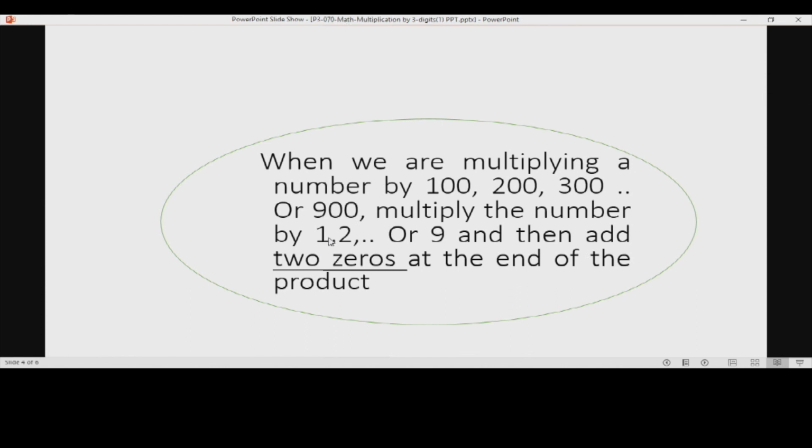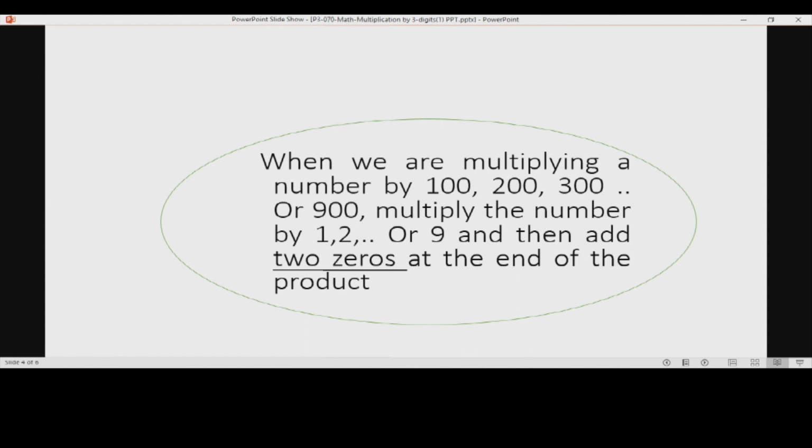And then when you have your answer, add your 2 zeros. For example, 1 times 9, 1 times 900. 900, it's just 9, 0, 0. 1 times 5, 5. 1 times 500. 5, 0, 0.